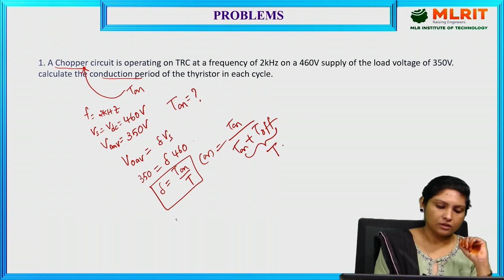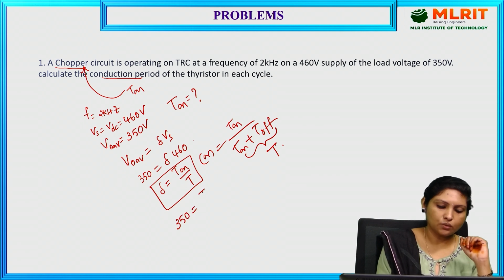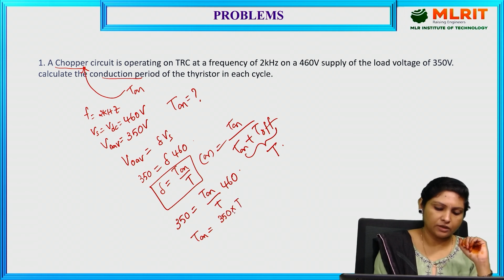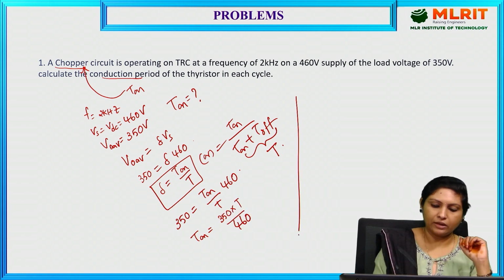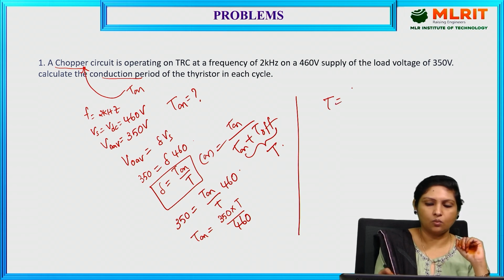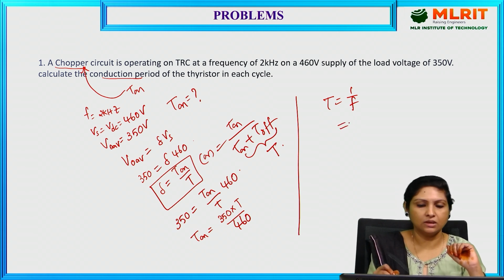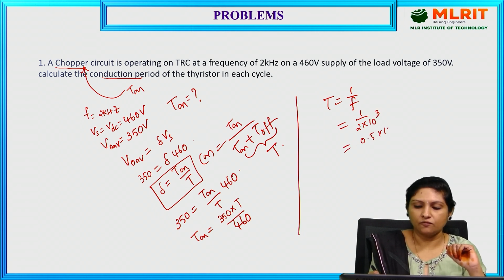Let me substitute: 350 is equal to T on by T into 460, so the on period of the chopper is equal to 350 into time period by 460, where time period is nothing but 1 by frequency. Time period is 1 by 2 into 10 to the power of 3, that means 0.5 into 10 to the power of minus 3, that is 5 into 10 to the power of minus 4 seconds.